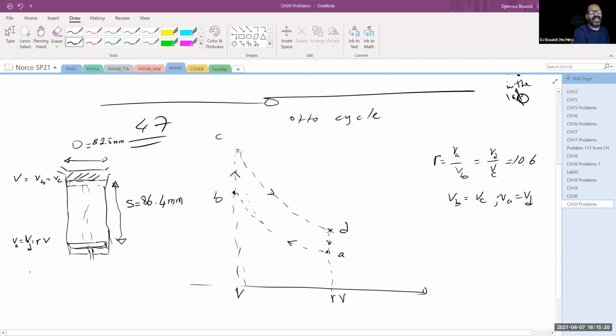So you can clearly see that the difference in volume between A and B, for example, VA minus VB, is equal to this volume at point A, which is pi times the diameter over 2 squared times this whole length, and the other one is just this one. So it's just the difference between these two volumes.